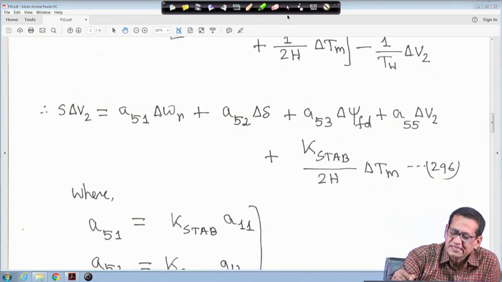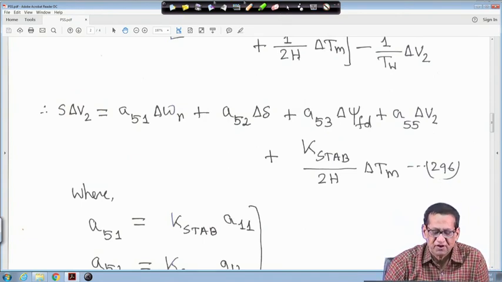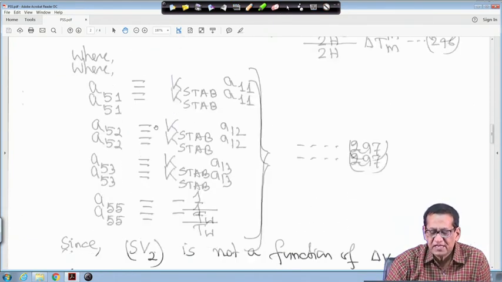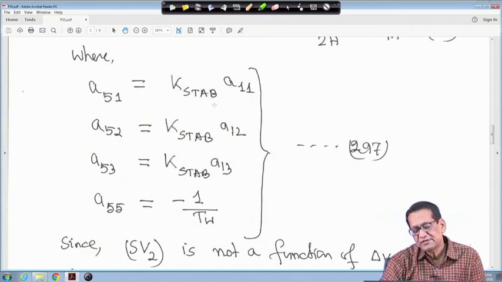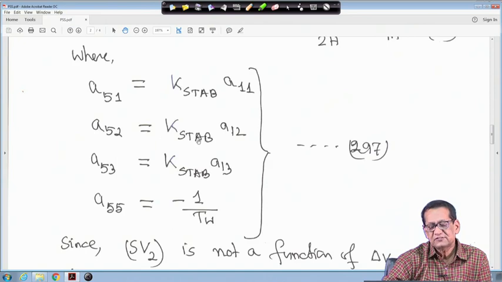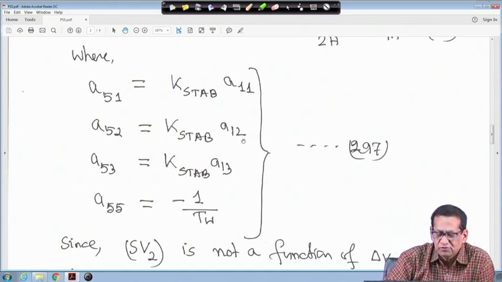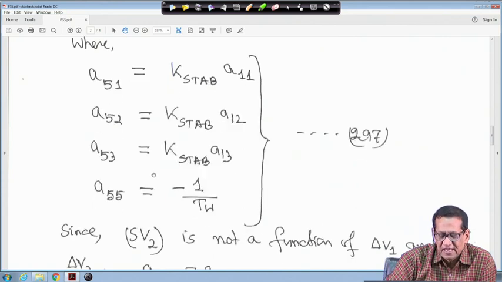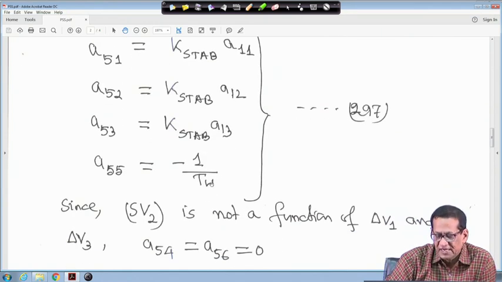This is a simple thing, just put it like this, where A51 is equal to K stabilizer gain into A11, A52 is equal to K stabilizer into A12, A53 is equal to K stabilizer A13, and A55 is equal to minus 1 by TW. This is equation 297.